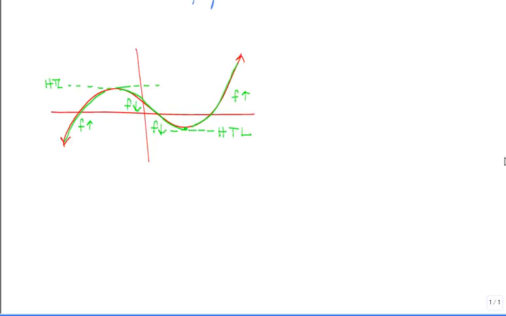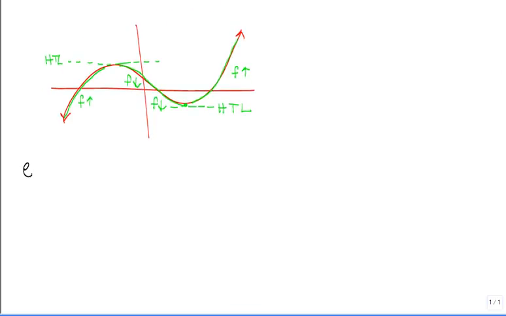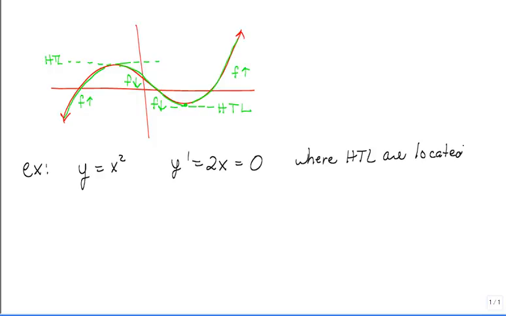So let's look at an example, an easy example. Let's take y equal x squared, and y prime is 2x. What we're going to do is find out where there's a horizontal tangent line by saying the first derivative equal to 0.